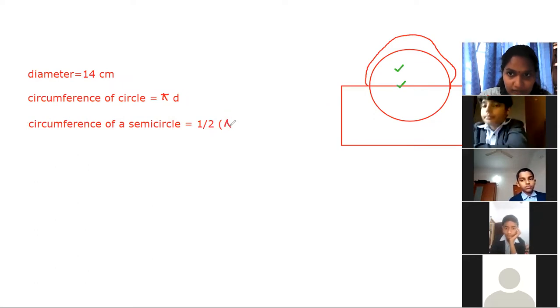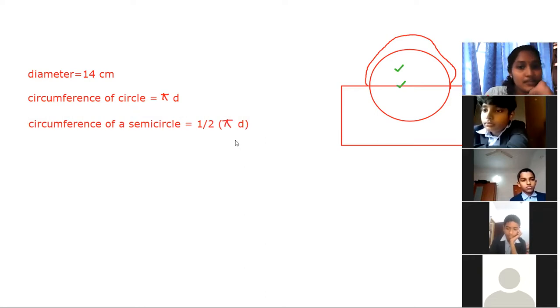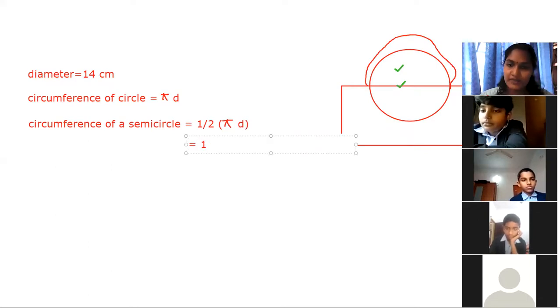Did you understand? 1/2 of pi d is the circumference of the semicircle. Clear? Yes. Now, let's substitute the values. 1/2 into pi. What is the pi?